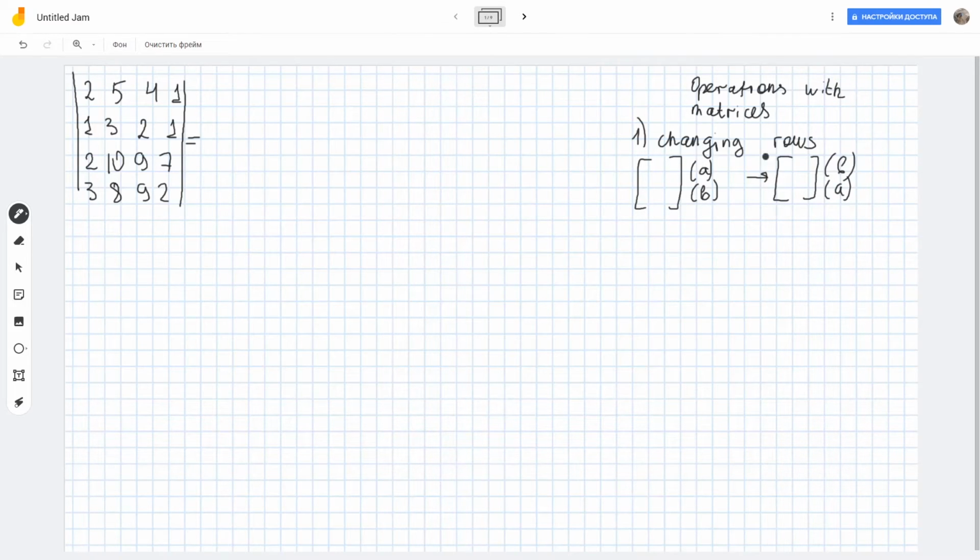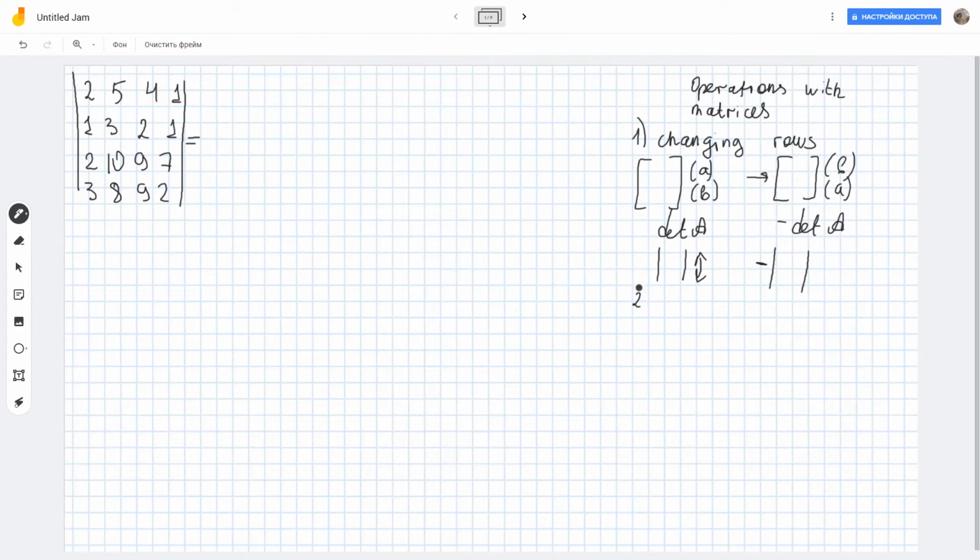So that means you're changing rows, and in terms of determinant, it means that here we have determinant A, and here we will have minus determinant A. So to avoid this, if we change rows, we should add minus sign before the matrix.